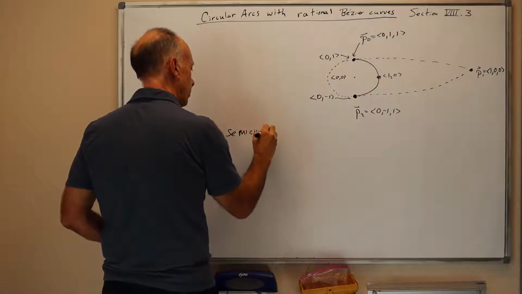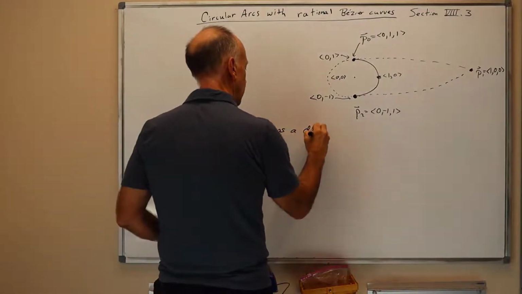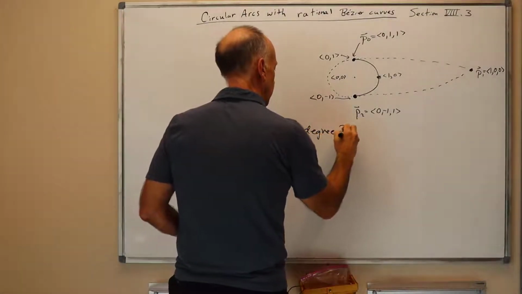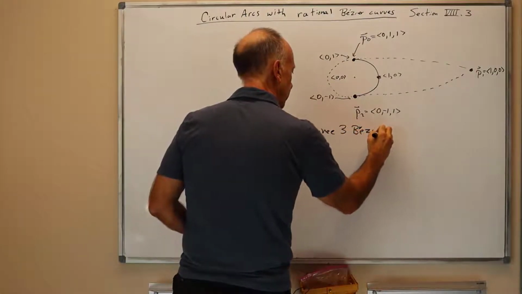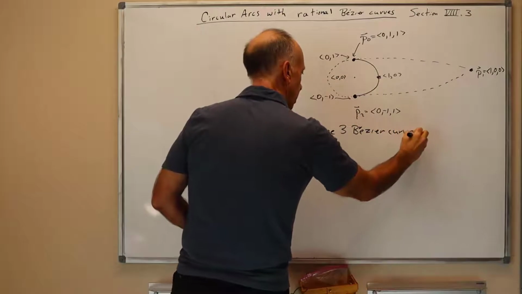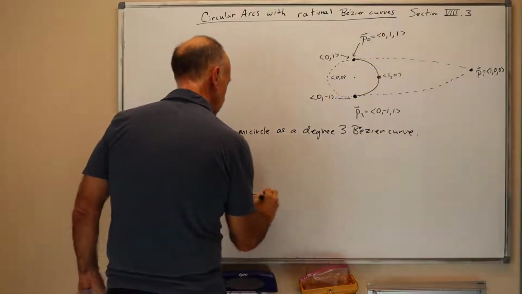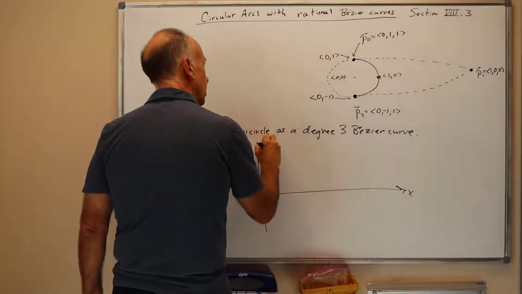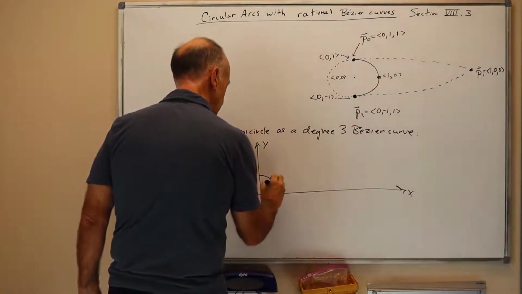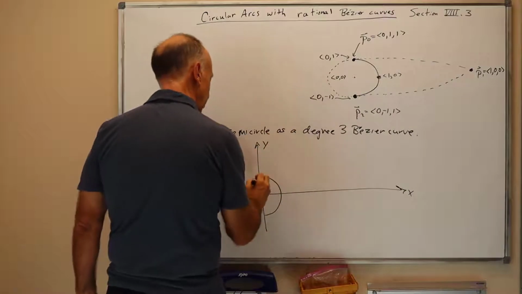The same semicircle as a degree 3 Bezier curve. It's the following. So here's our x-axis, here's our y-axis, here's the same semicircle I've got pictured up there.